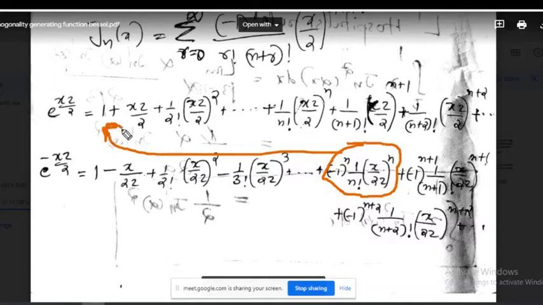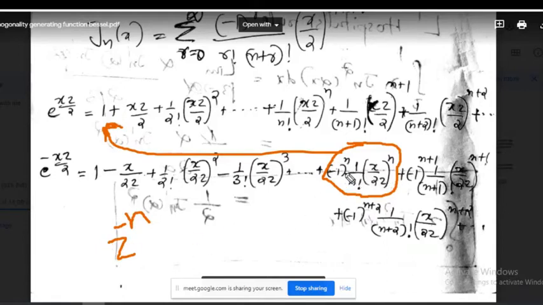So this will be minus 1 to the power n, 1 by n factorial x by 2 to the power n. Here what I am taking is the coefficient of z raised to minus n.